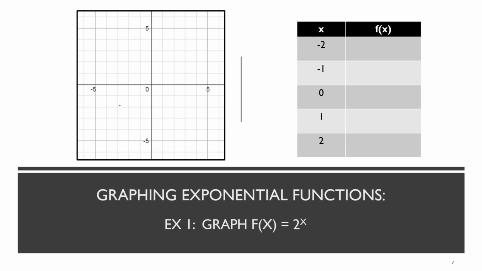All right, and what do these graphs look like? Well, to graph the first one, let's just plug in some points. We're going to let f of x equal 2 to the x. So I'm going to go 2 to the -2, so that's going to become 1/4. The negative means I'm going to flip it over. 2 to the -1 will be a half. 2 to the 0 is 1. 2 to the first, and 2 squared.